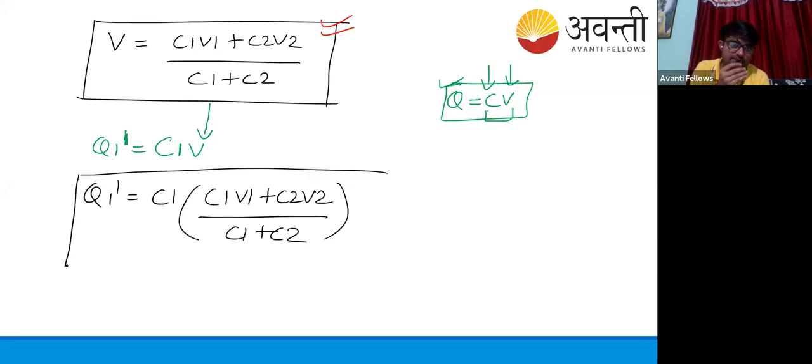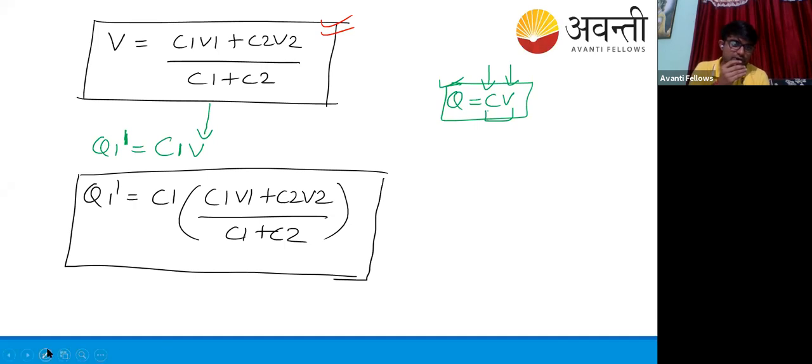This is the final charge on this capacitor of capacitance C1. Clear, sir? That's great.